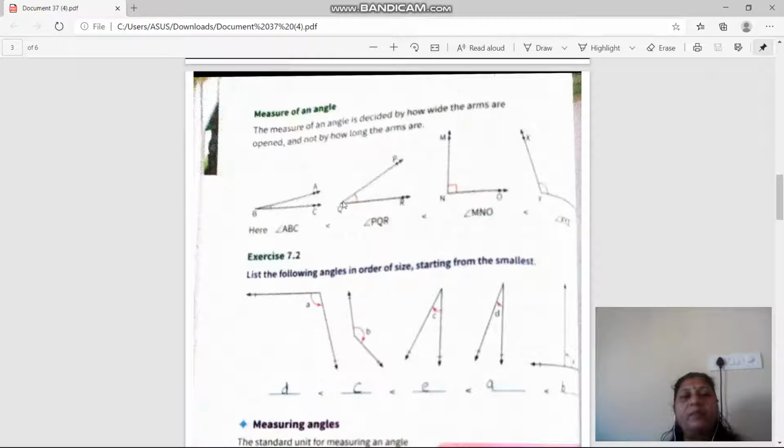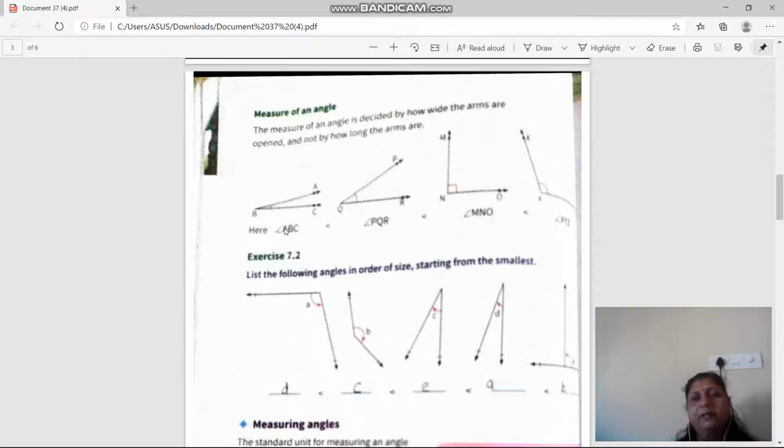Here PQ and QR. MN and NO are the rays. XY and YZ. Which is the smallest angle here? By mere observation we can tell. So which is the smallest? ABC.